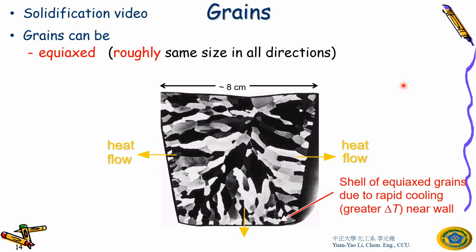Why? Because it's at the very beginning. This is the shell of equiaxed grains due to the rapid cooling. Cooling is very fast, so you can have equiaxed grains.